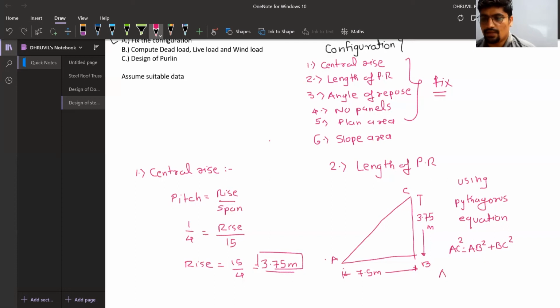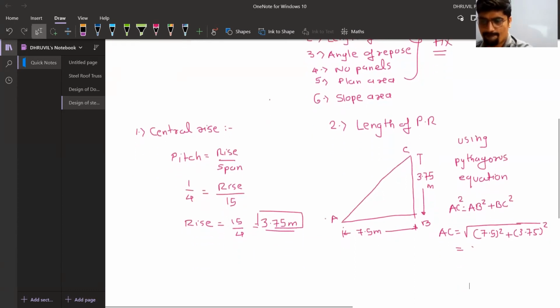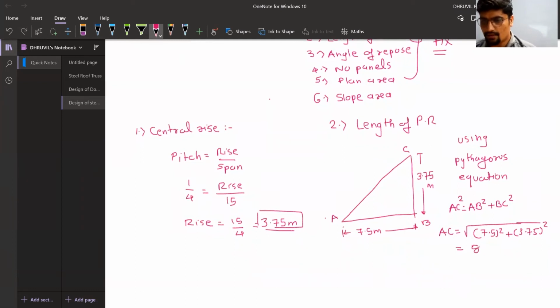So the equation will be like this: AC is equal to the square root of AB square, meaning 7.5 square, plus 3.75 square. Okay, so the answer will be 8.38 meter, which is the answer of our equation, the AC length.